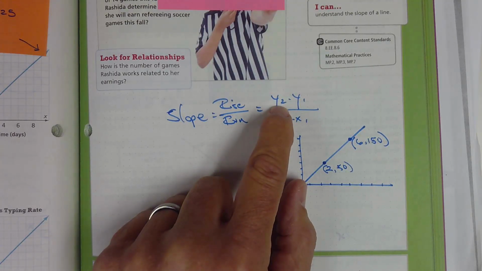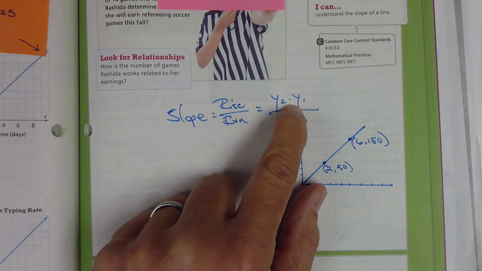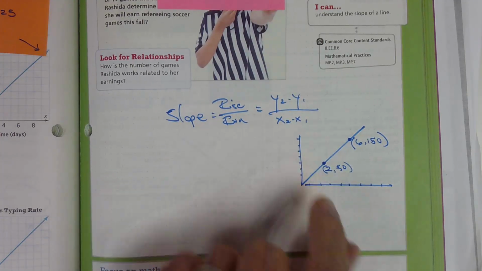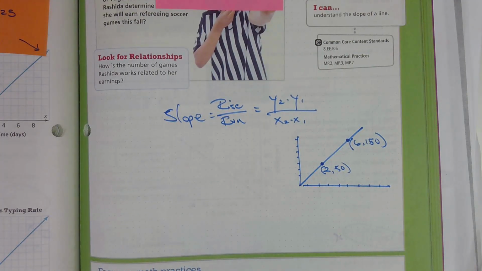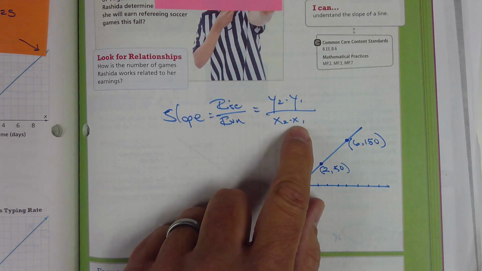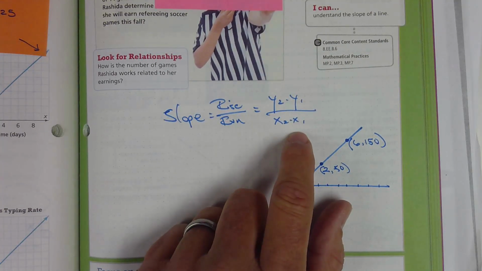They're in the bottom right corner of a variable. And to calculate slope, it's y2 minus y1 over x2 minus x1. Okay, so I'll say it again. It's y2 minus y1 over x2 minus x1. You're going to have to memorize that.